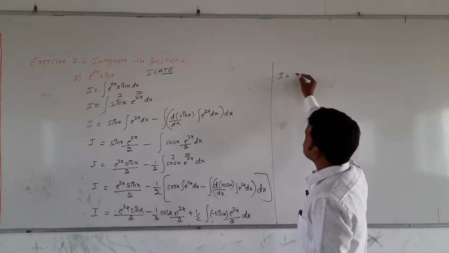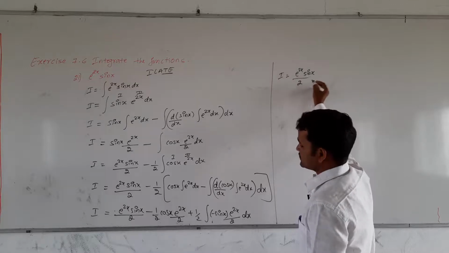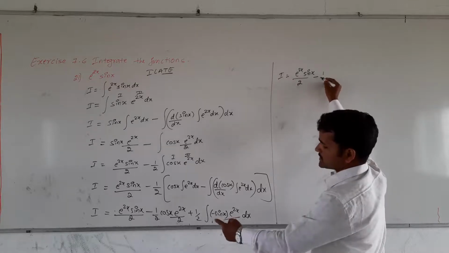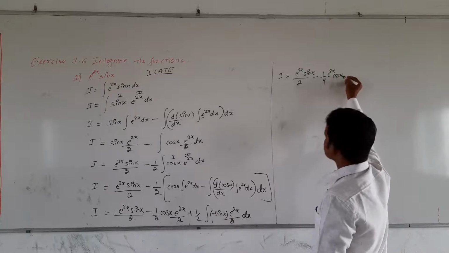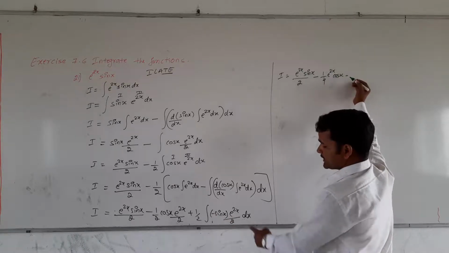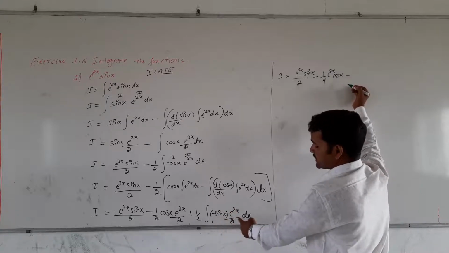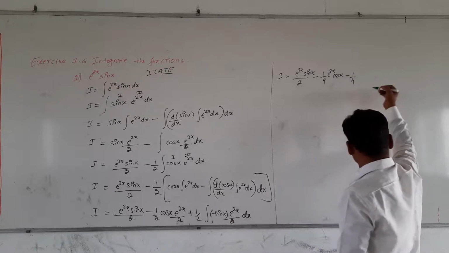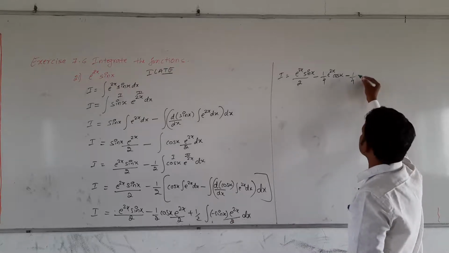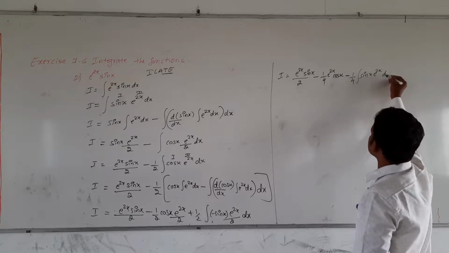I is equal to e raised to 2x into sin x by 2, minus 1 by 4 into e raised to 2x into cos x. Now plus into minus gives minus, and 1 by 2 with the 2 there gives 1 by 4, into the integration of sin x into e raised to 2x into dx.